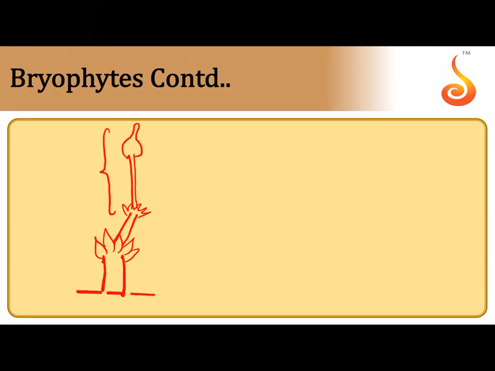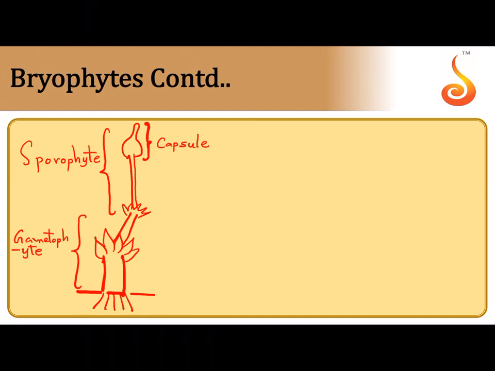And this plant that has developed on the female branch is called the sporophyte. And the sporophyte is dependent on this plant which is growing below. It is called the gametophyte. Yes or no? And now inside the sporophyte there is an expanded structure called the capsule.